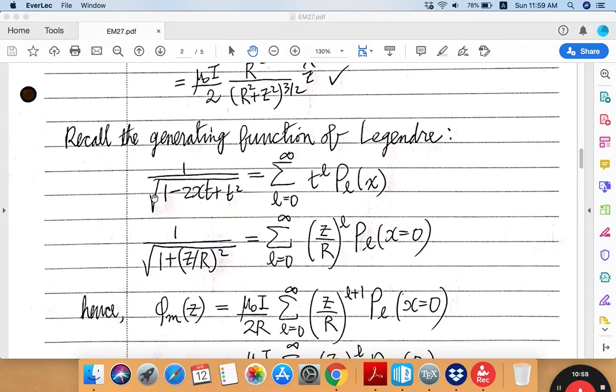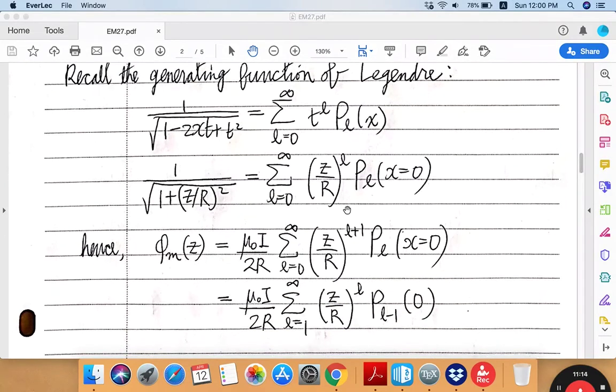Now, on the basis of this general result, we can say that if I expand such a function over here, and this would be the case where x is 0, then the corresponding expansion will give you various powers of z over r times the coefficient, which is the Legendre polynomial at the value of x equal to 0.